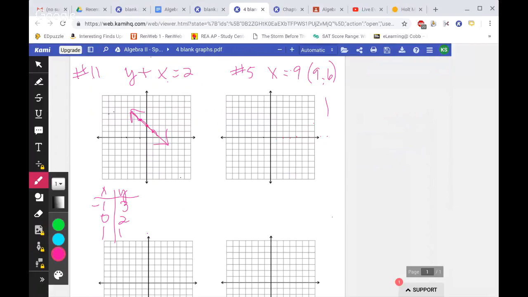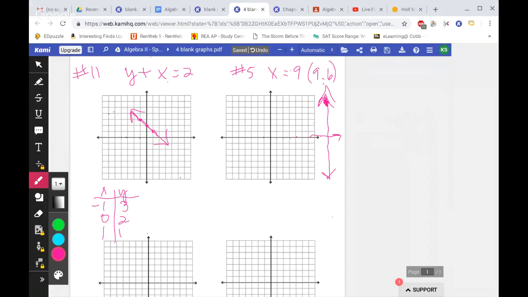Do we have to graph this? No, I'm just showing you why it's true. So if I go over 9 and up 6, it would be about right here. So it is a solution, isn't it? It's on that line, correct?